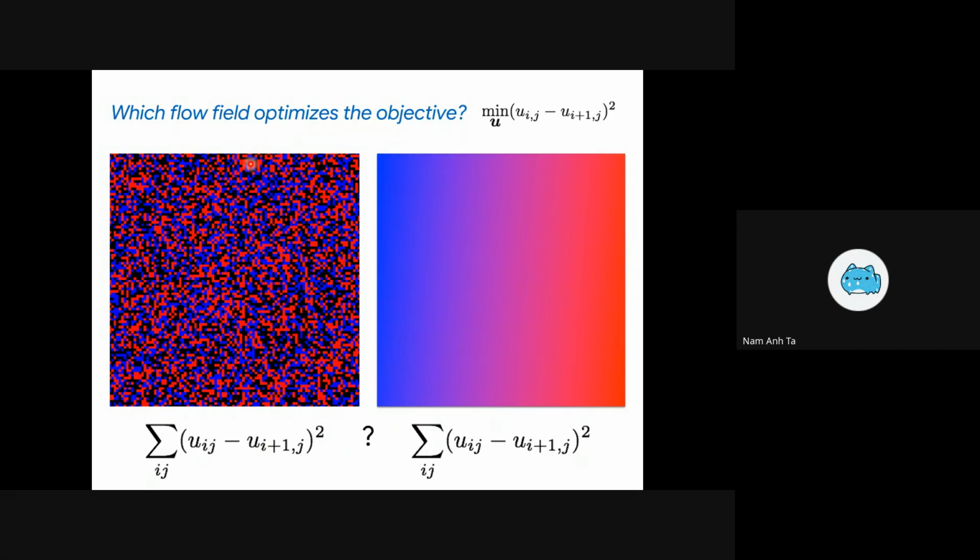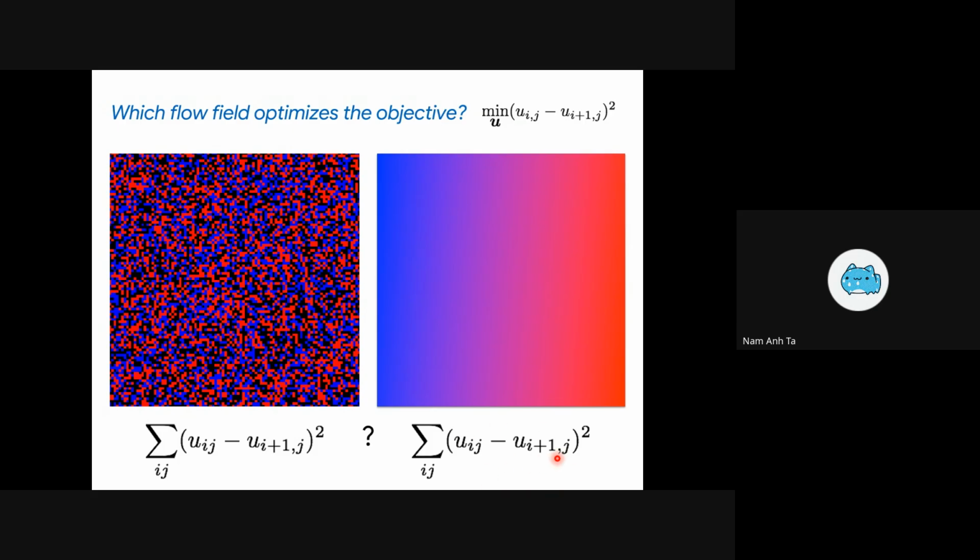On the left-hand side, we have a random noise flow field where colors jump. This means that the difference between adjacent pixels is huge, resulting in a very high summation value. On the right-hand side, we have a smoothly varying flow field, because each pixel value is very similar to its neighbors, so the total value of the objective function is much smaller.